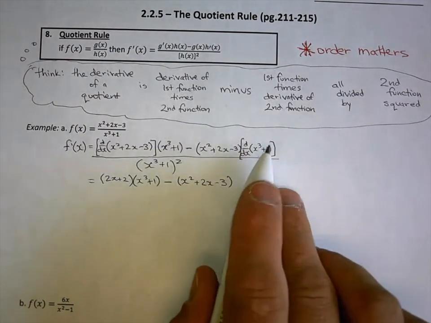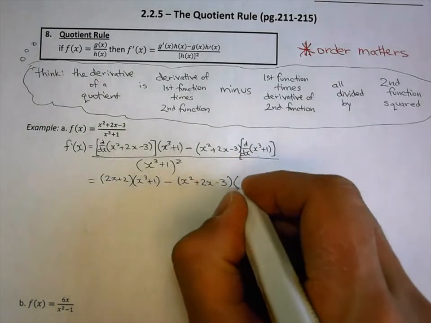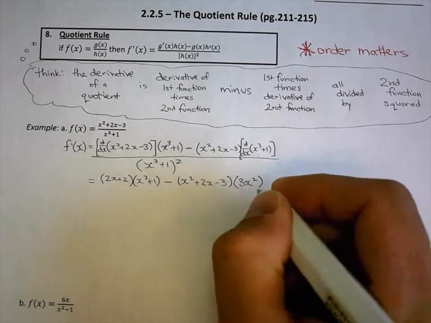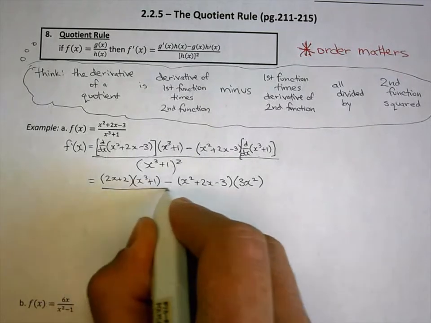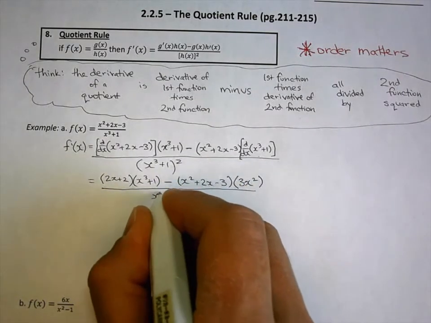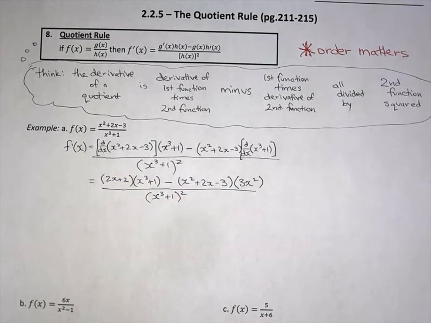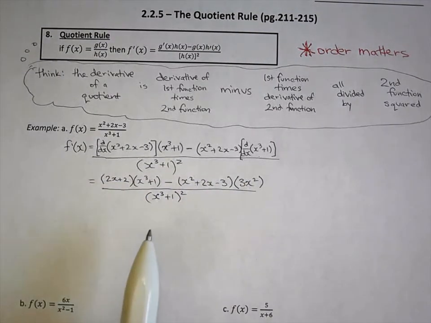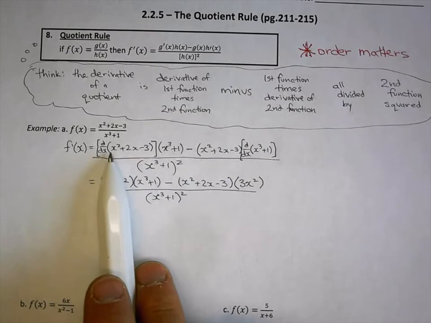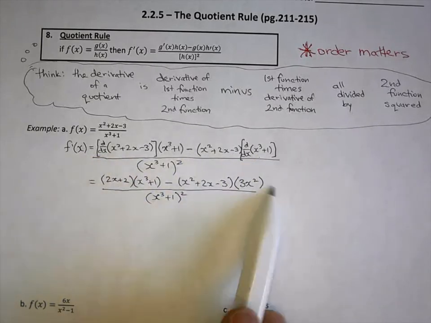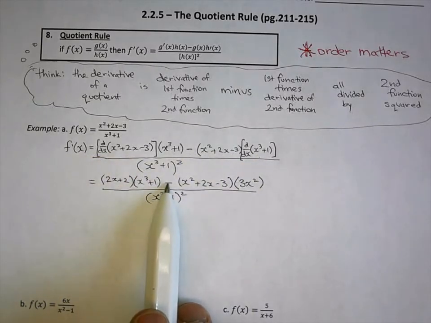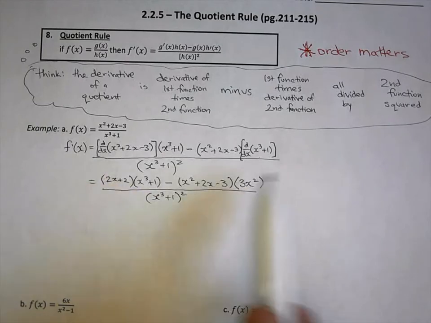Well, the derivative of this is 3x squared. All of that divided by x cubed plus 1, all squared. At this point, all of the calculus is done. I've done my derivatives. So now I just have to do some algebra to clean this up, because it's a little messy. There's a lot going on here.